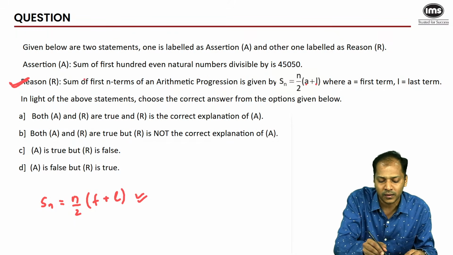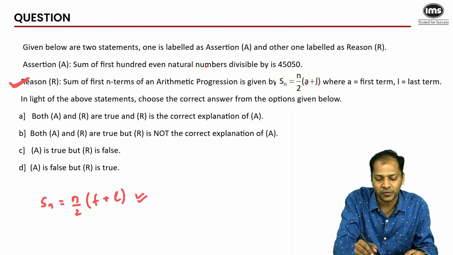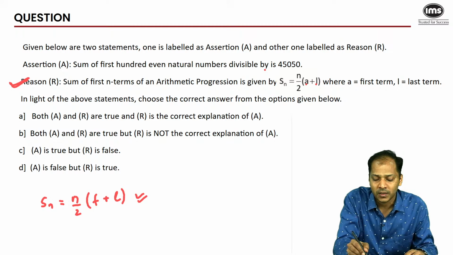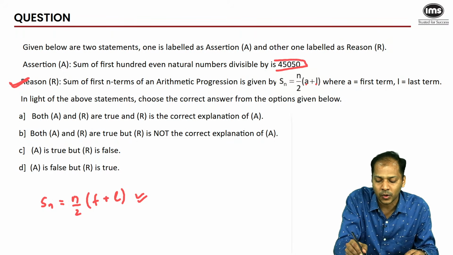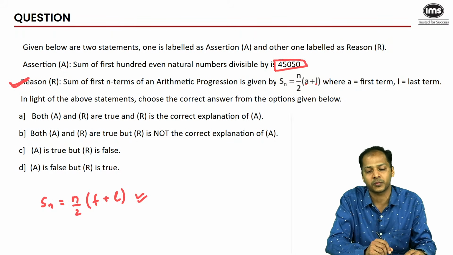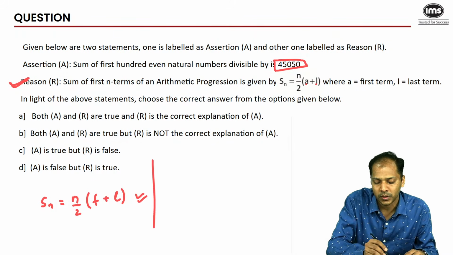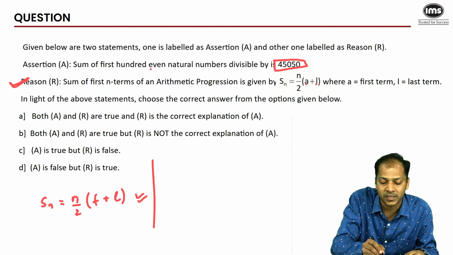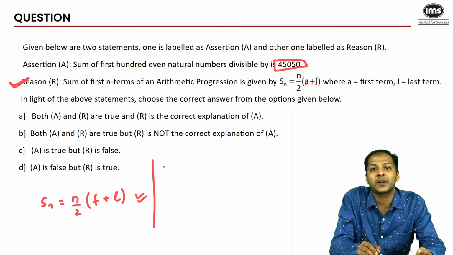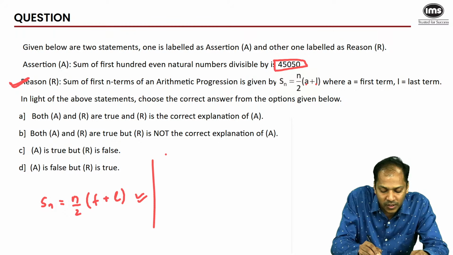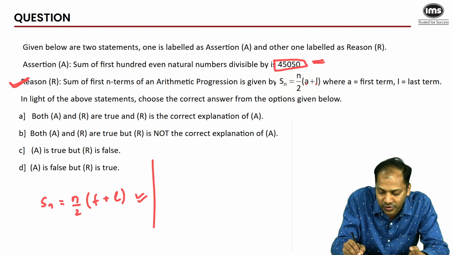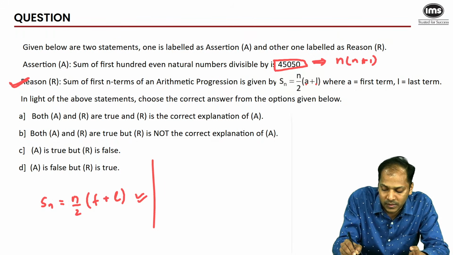We just had to check the sum of the first 100 even natural numbers, and whether that will be equal to 45050. If we do that calculation, normally we don't use this formula, we have a direct formula for the sum of even natural numbers. So I'll use the formula for the sum of the first n even natural numbers.